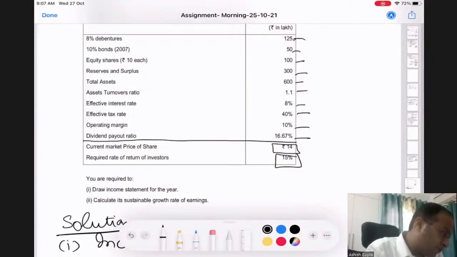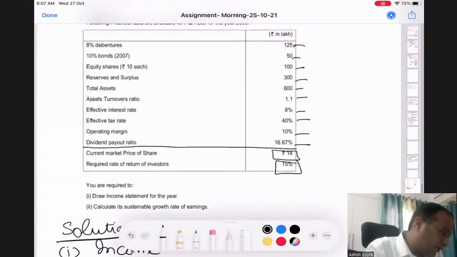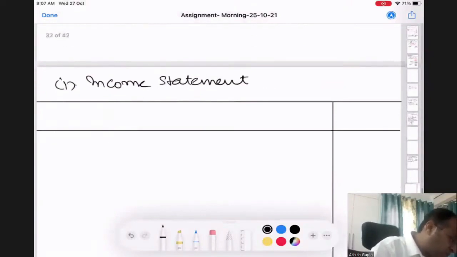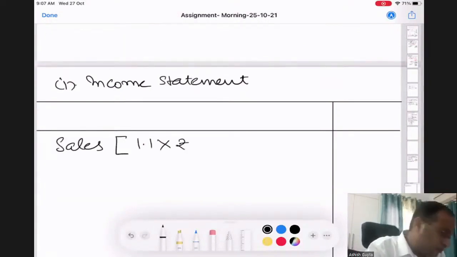Our total assets are 600, and the asset turnover ratio is 1.1. So accordingly, 600.